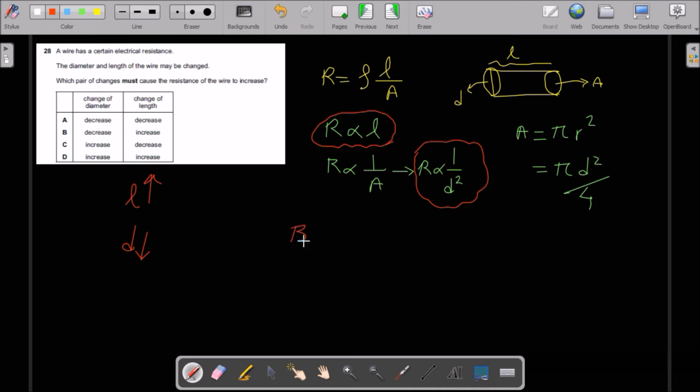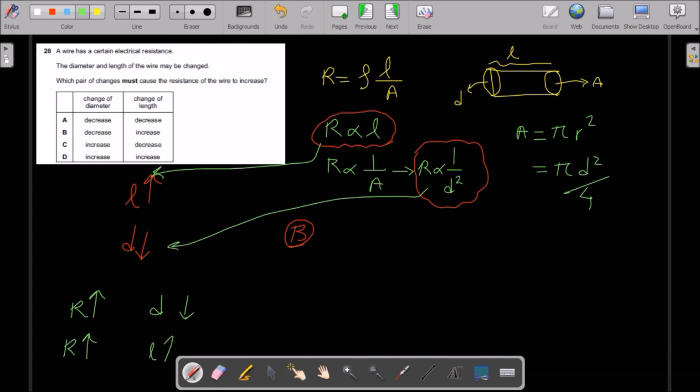Based on this, B will be right. So this is for length and this one for diameter. If you want to increase resistance, the diameter must decrease, and the length must increase according to this formula.